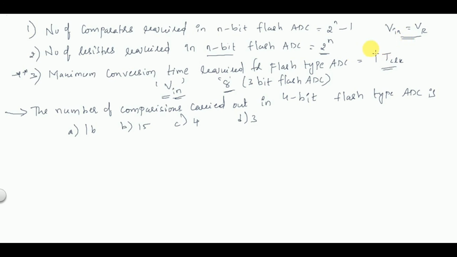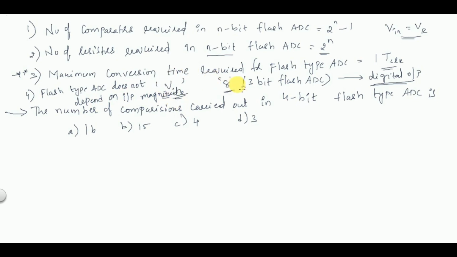So V in will lie in one of those 8 ranges, and based on that range, you will get the corresponding digital output. The fourth important point is that flash type ADC does not depend on input magnitude.